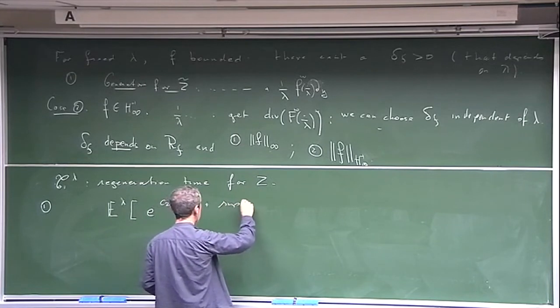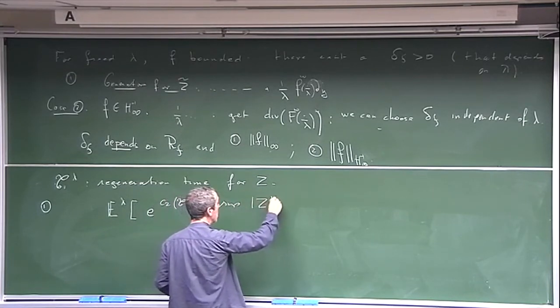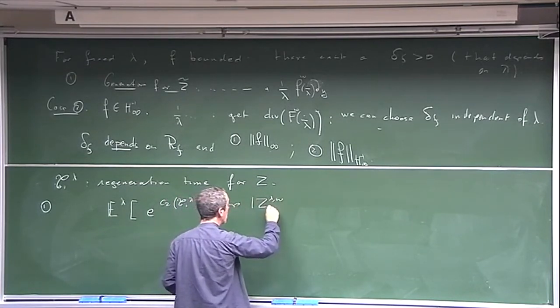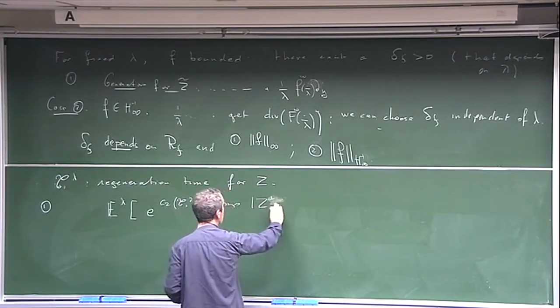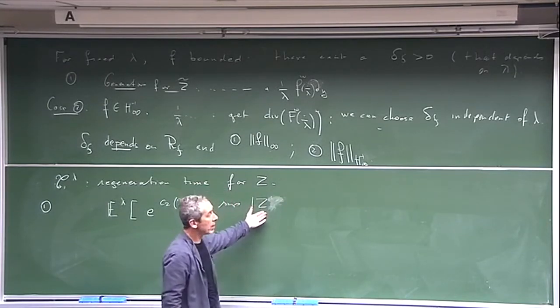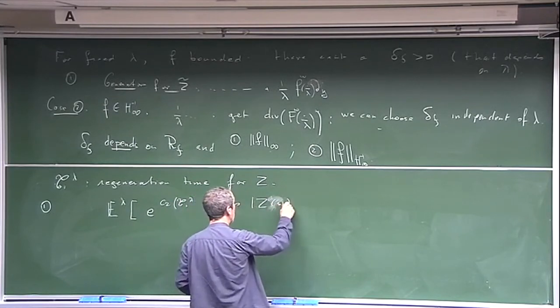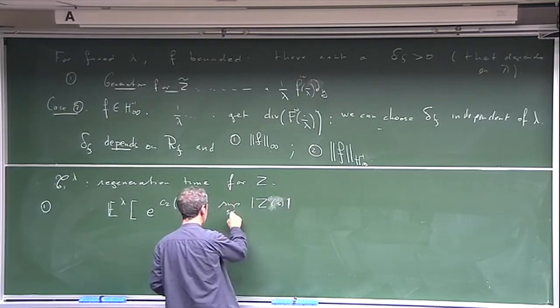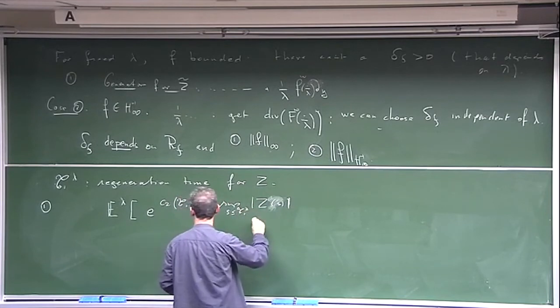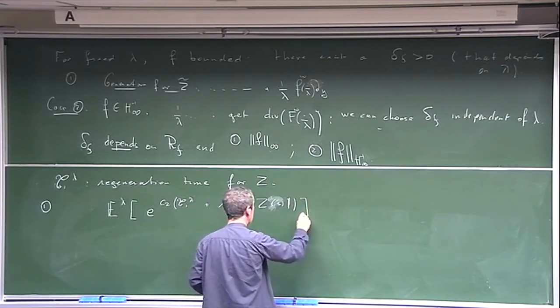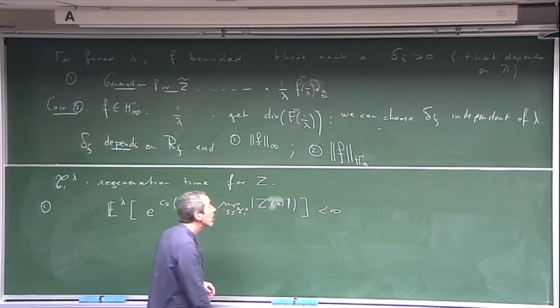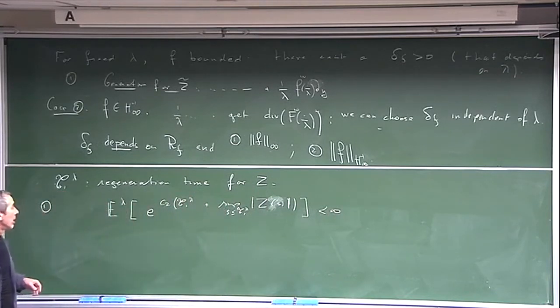So you can also look at the sup of the process Z now. Z, I'm going to use Z for the canonical process on R^(d+1). So the sup before the regeneration time. So you get something like this, being finite. So this is case 1, right?